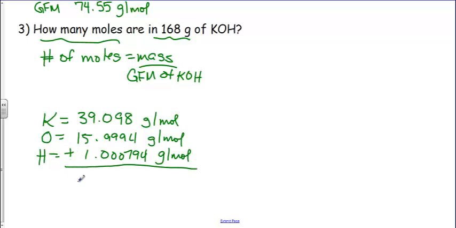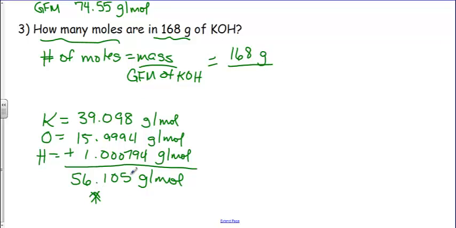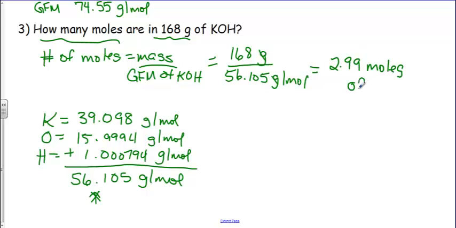We're going to add those up, and we will get 56.105 grams per mole. I did round to sig figs here. And then we're going to go back, plug in everything. So our mass that's given is 168 grams divided by this number down here, 56.105 grams per mole. Remember, grams will get canceled out. Plug this into our calculators, and we will get 2.99 moles of KOH.